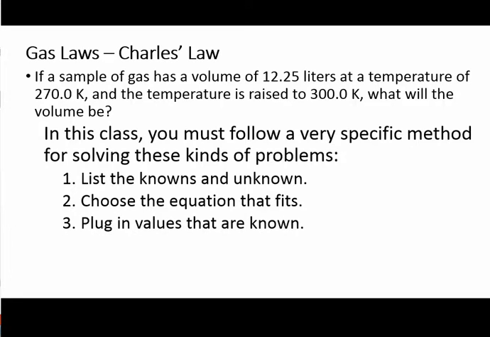You've probably done all these things before, but you've not been asked to list them out in such a detailed way before. And when we get to the complex equations like the ideal gas law, if you pay attention, you're going to be glad you did. And then number 4 is to isolate the unknown. And then lastly, we're going to solve.